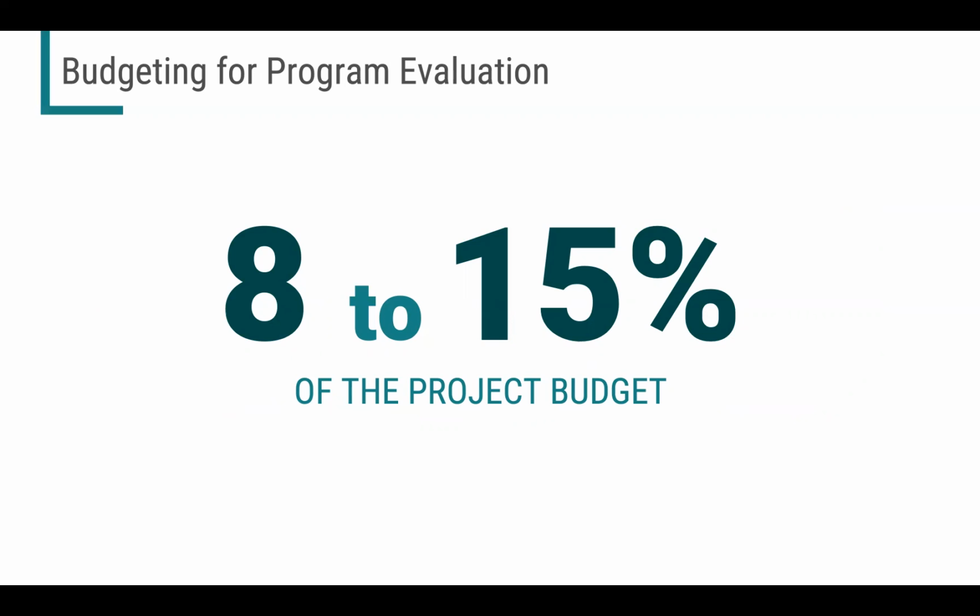And that could go up exponentially if the whole purpose of the work that you're doing is to do an evaluation of a program. But if you just have a typical program and you're doing a typical program evaluation, then that 8 to 15% range is probably pretty good.